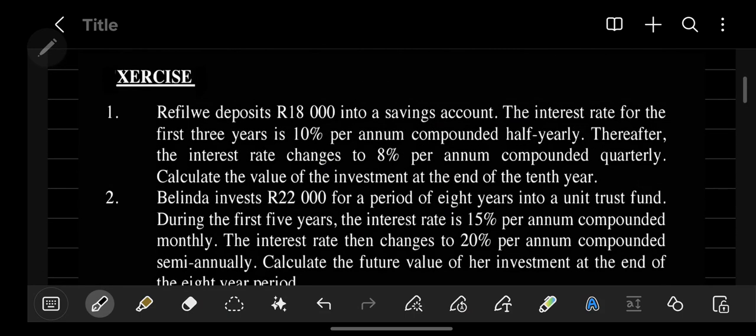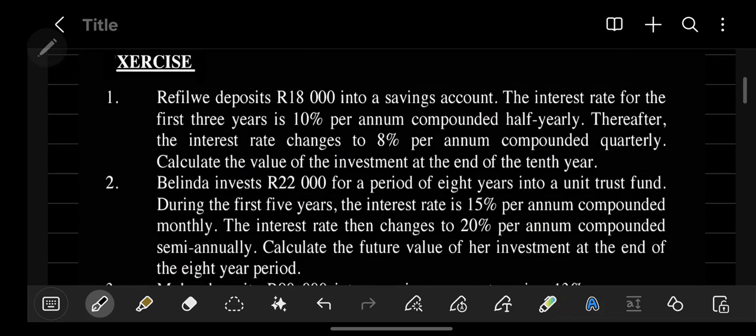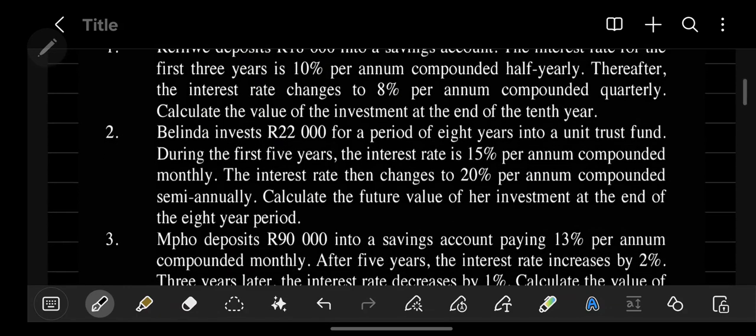Let's start by screenshotting number 1 and number 2. I want all of them, and once you have completed this, we can do the corrections together, and I will tell if you understood or there are things that you did not manage to understand. So just do number 1, number 2. I hope you screenshot that.